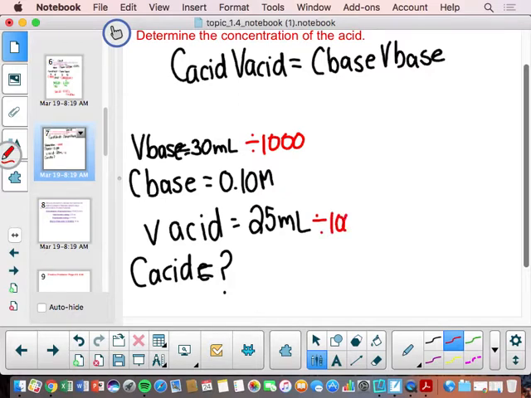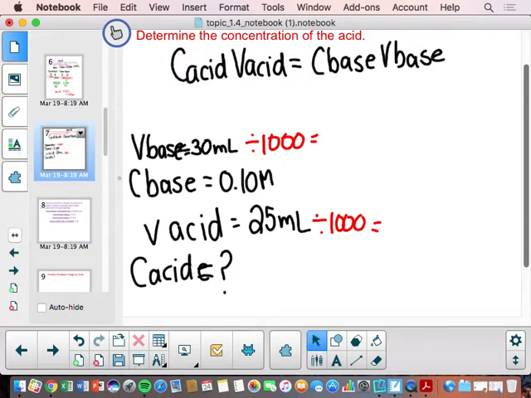You have a calculator in front of you? It'll give you the answer. So take 30 and divide it by 1,000, if that works for you better. What do you get?